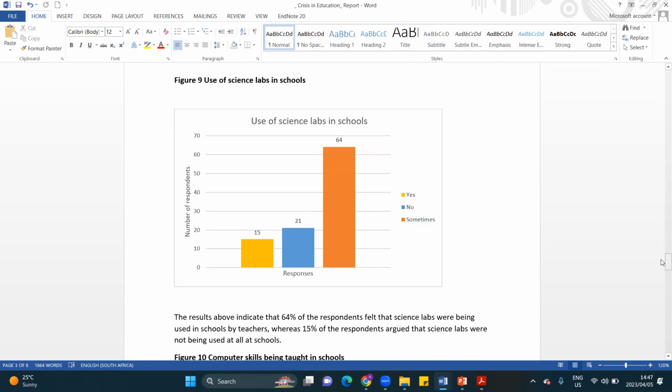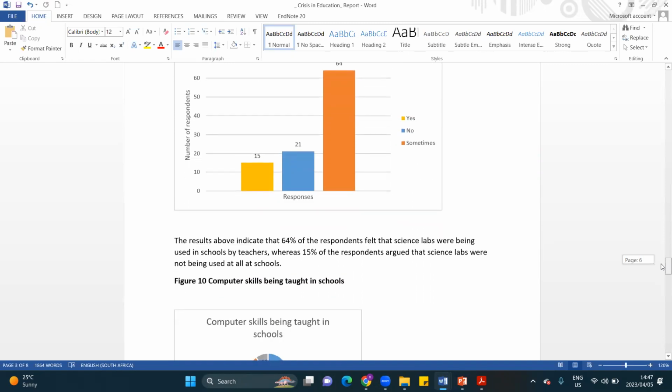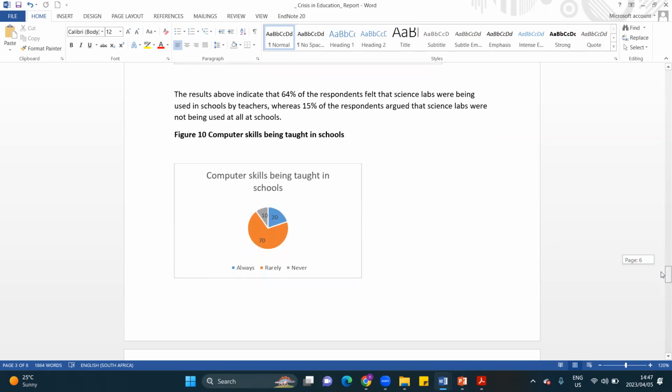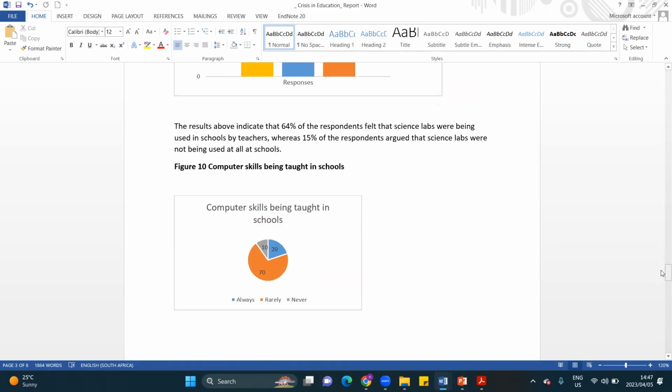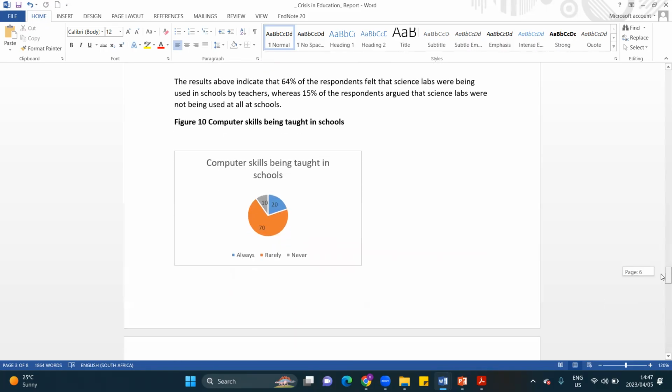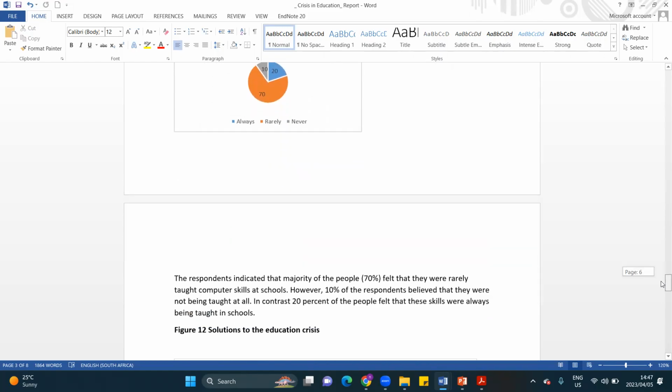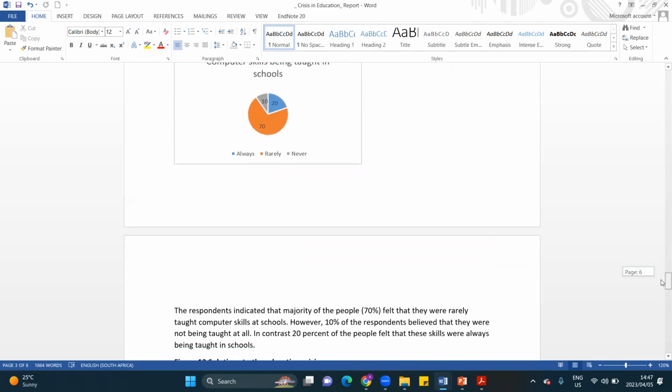So there was simple yes or no, or sometimes. That was the question. And you can see the response. Computer skills being taught at school, and the choices they had was always, rarely, or never. So from this graph, it's also important to make sure you use the right type of graph for indicating the responses.